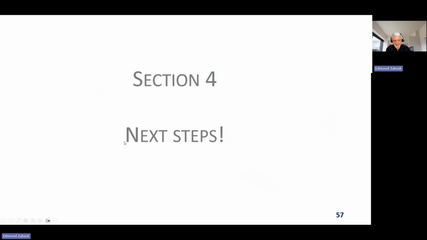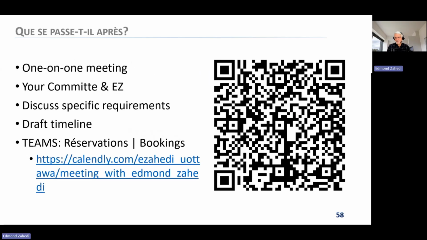What are the next steps? Well, the next steps is obviously for you to watch the videos and then also have a one-on-one meeting. The one-on-one meeting will be between me and your committee.